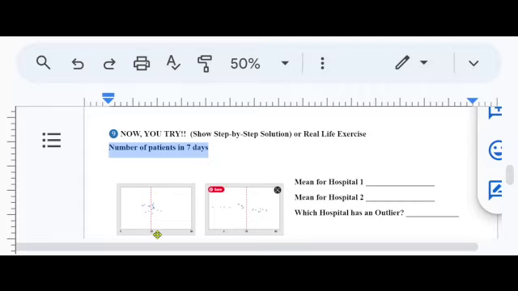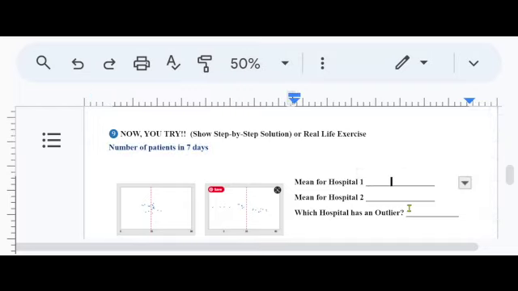How many patients here? Write down 35. How many patients is the median? We're talking about this line being the median. How much? 35? Write down 35.